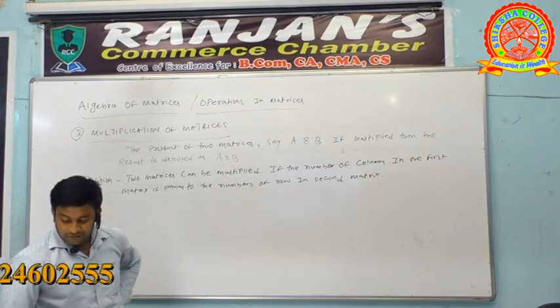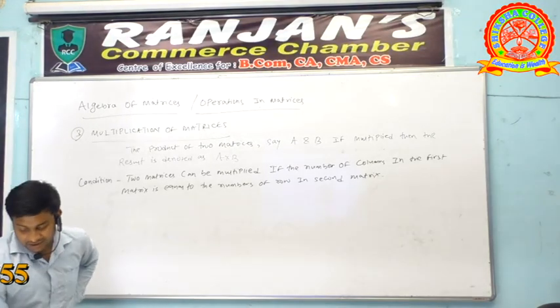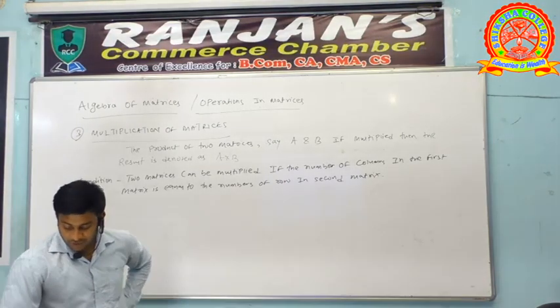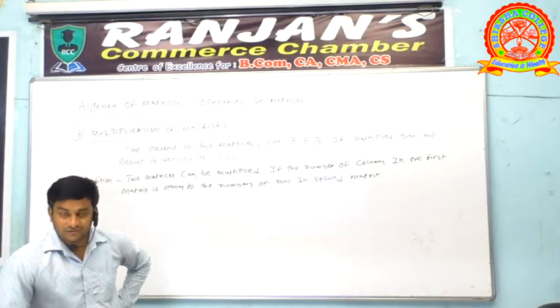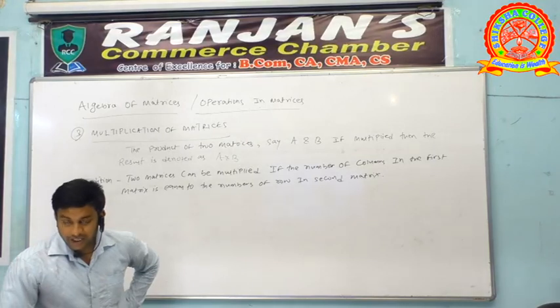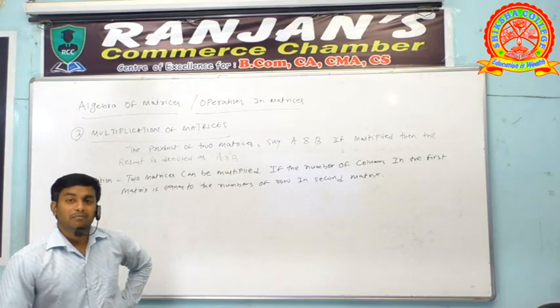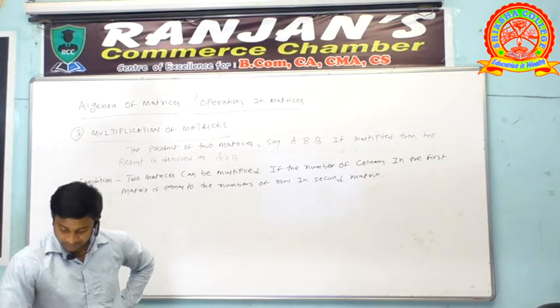The number of columns in the first matrix must be equal to the number of rows in the second matrix. If this condition is satisfied, then only we can go for multiplication.